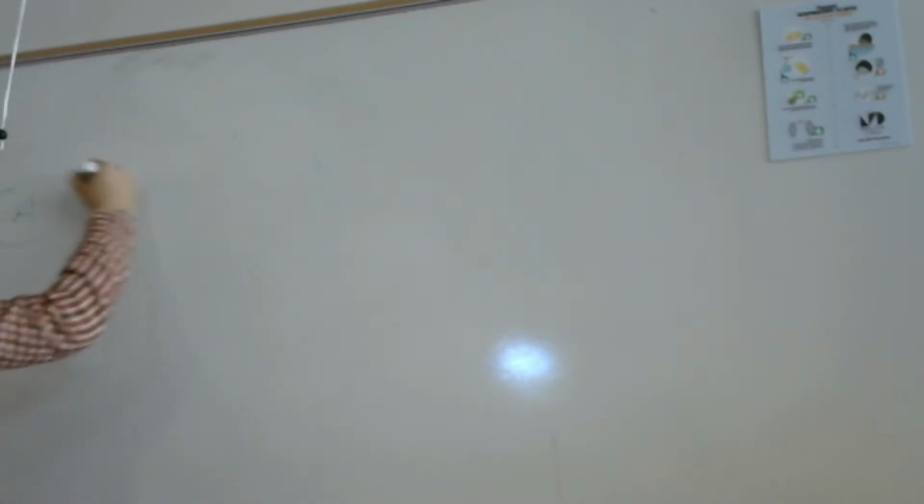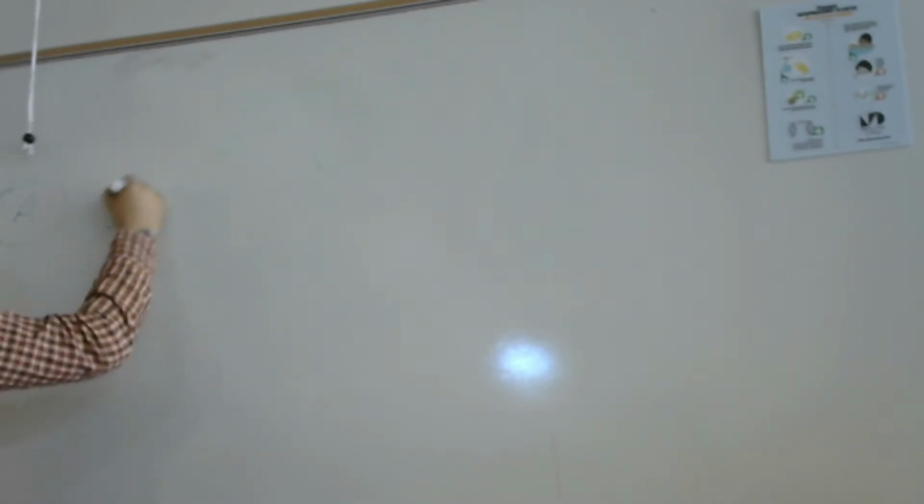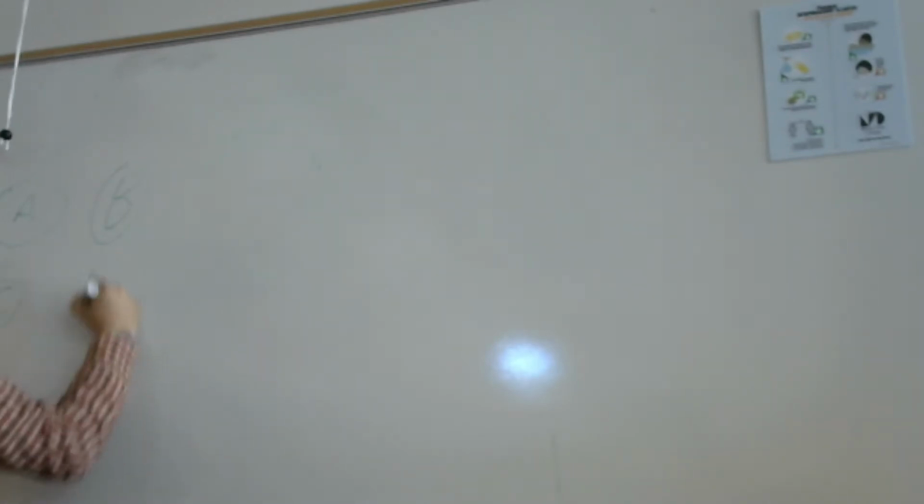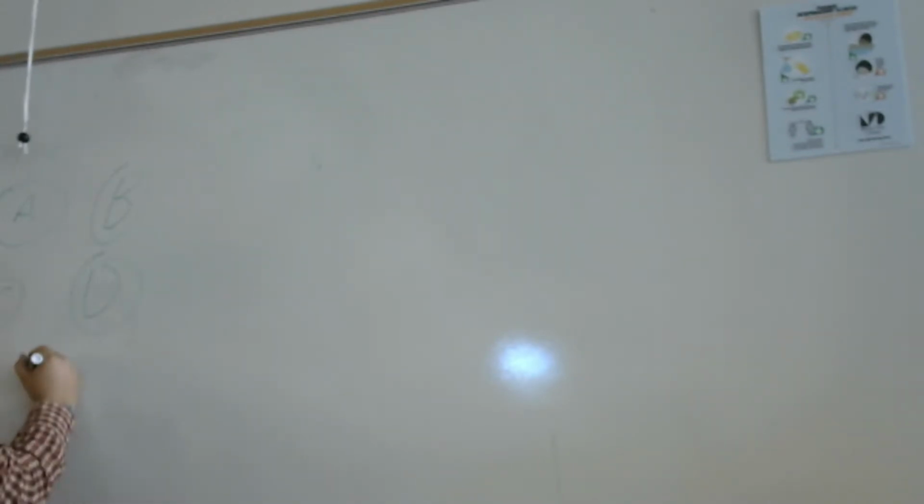Okay, so we have A, B, C, D, and E. The amount of computations that I need to optimally make is all of the lines that I drew.